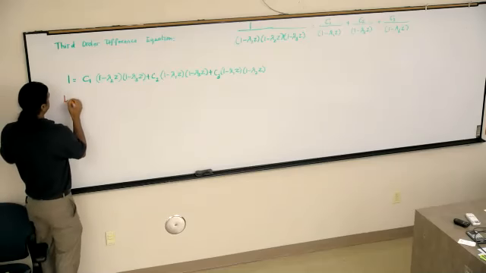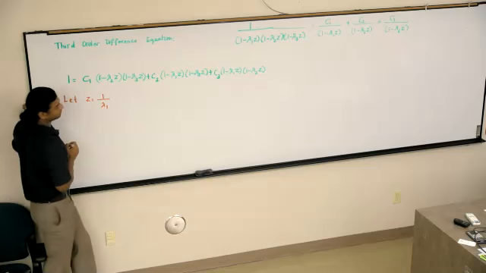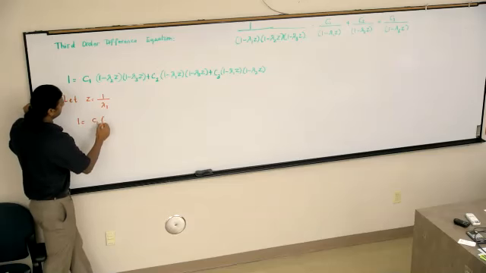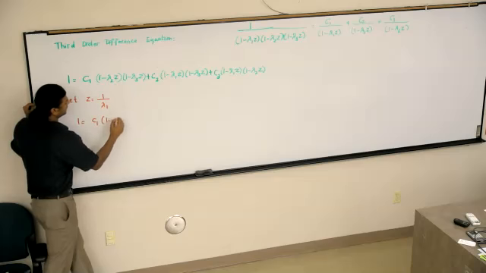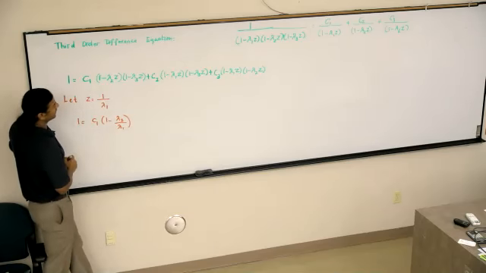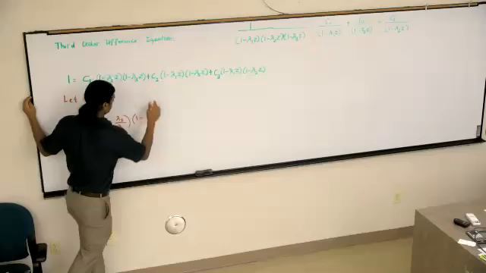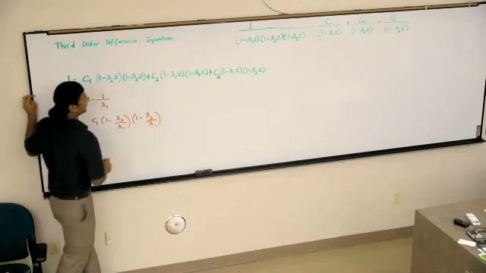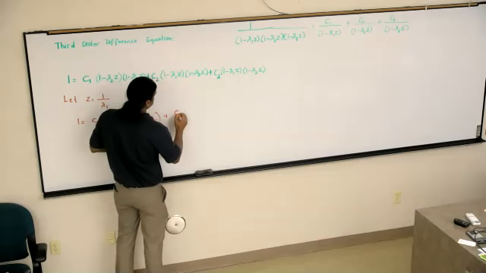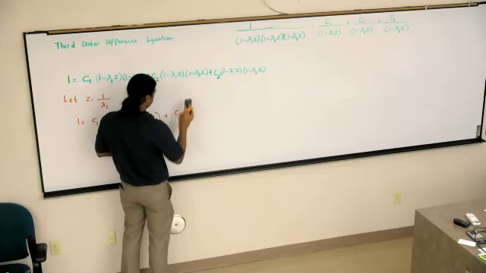So let Z be equal to 1 over lambda 1. If I did that, I'll get 1 equal to C1 times 1 minus lambda 2 times 1 over lambda 1, which is lambda 2 over lambda 1, times 1 minus lambda 3 over lambda 1, plus C2 times 1 minus, okay, that one will go away.